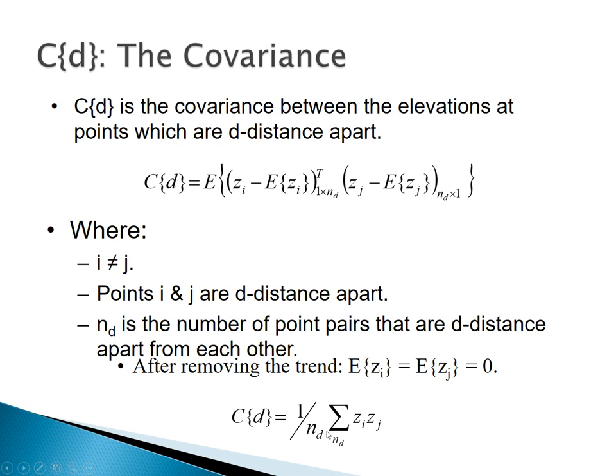So all those points up to that location, and then we multiply by Z_i and Z_j of those two points, i and j. i and j cannot be equal in this case. So again, C(d) is the covariance between the elevations at the points which are a distance d apart.